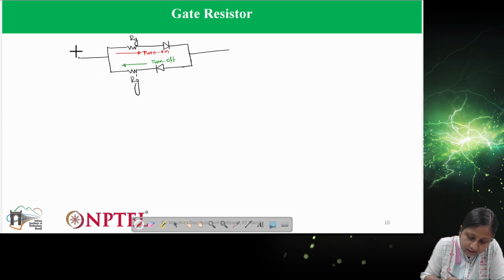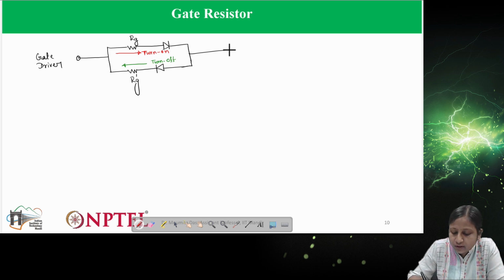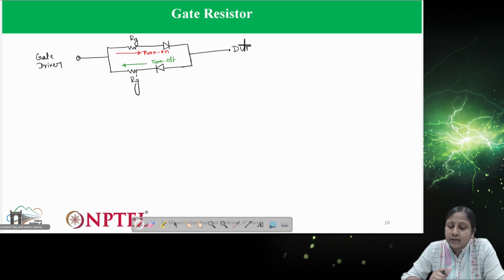The input will be connected to the output of the gate driver, and this output will be going to the device under test. Okay, so we can have two different resistances.